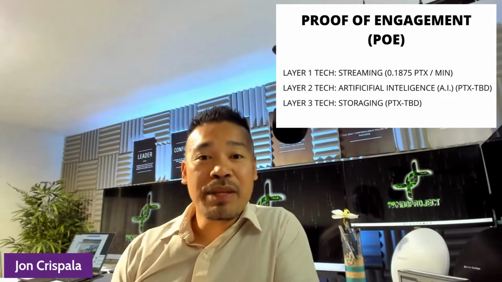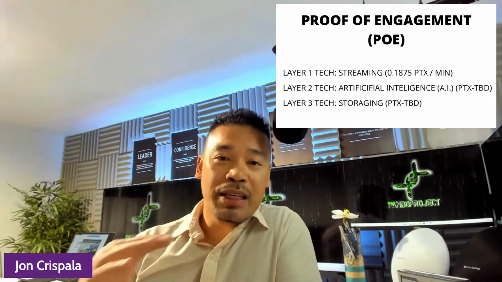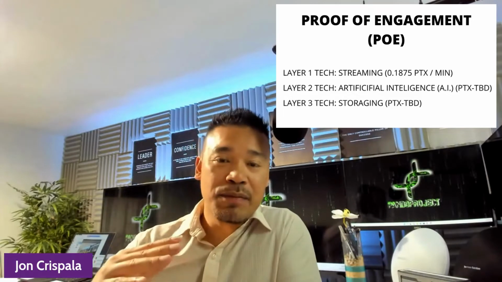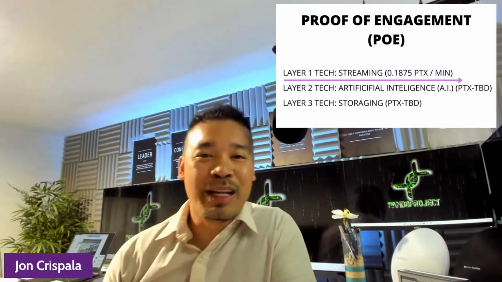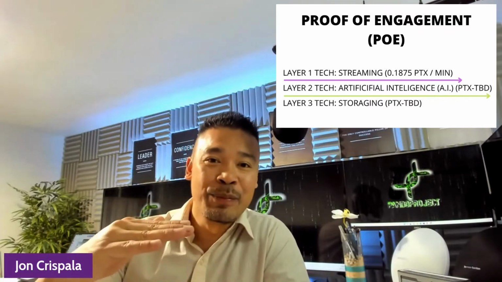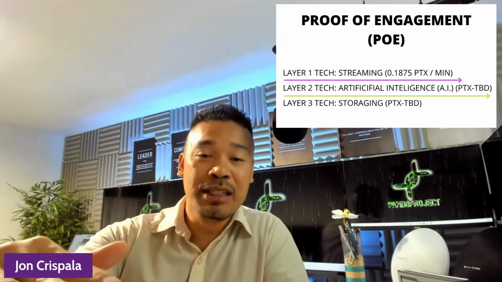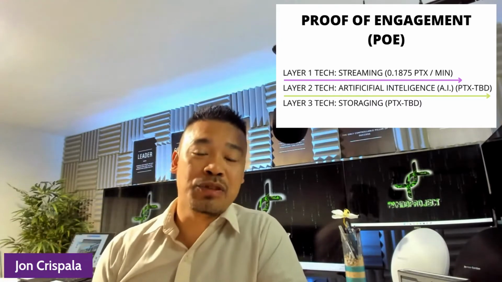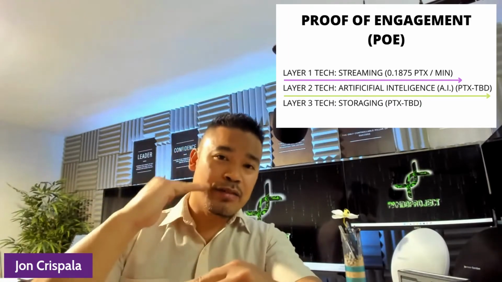And so, what does that mean for you, right? We already have a calculation that gauges what you could potentially earn for proof of engagement for streaming. But imagine once we have the next layer of technology, right? That has its own different opportunity in terms of passive income stream when you're delivering and transferring data, because you have one and then you have two.